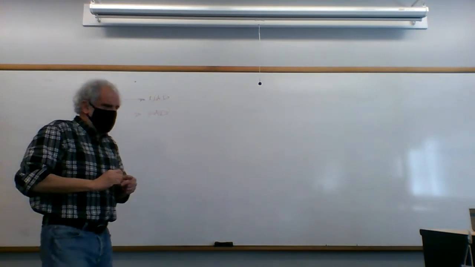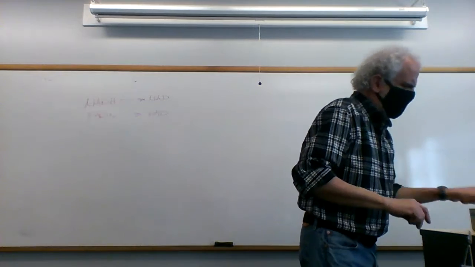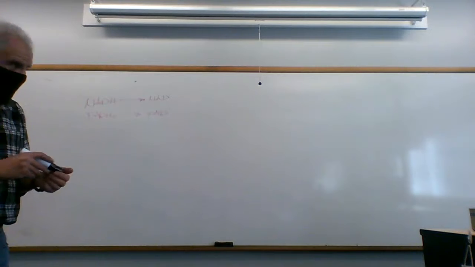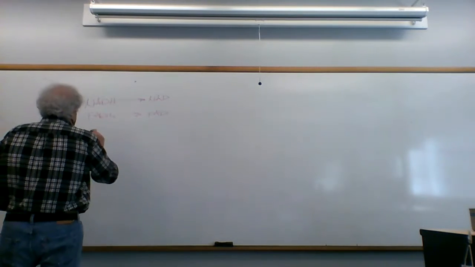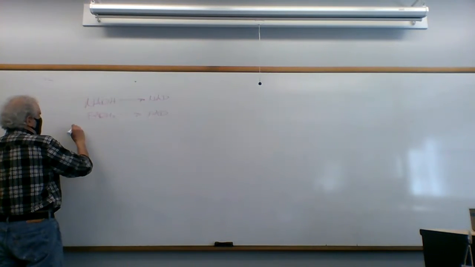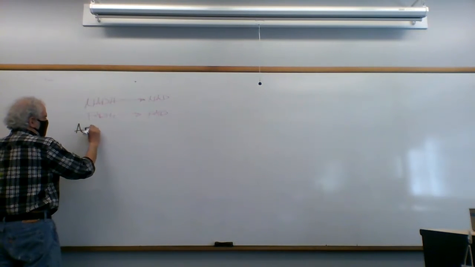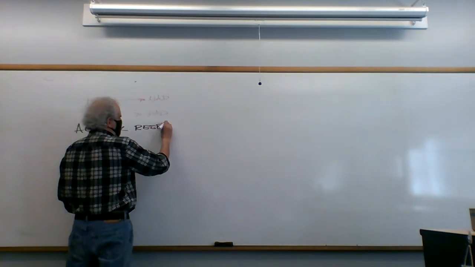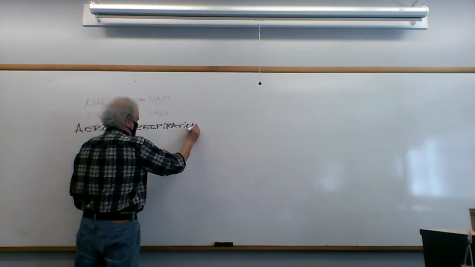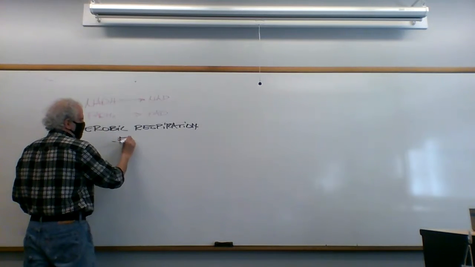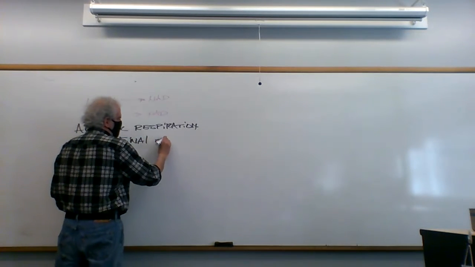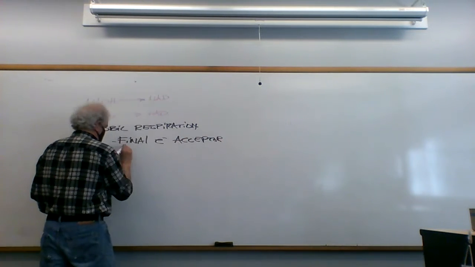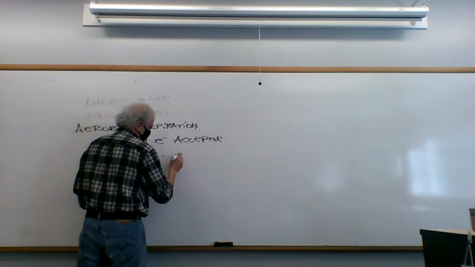And a key point here, and this is kind of branching out of basic micro, but just a general purpose point, we can talk about what we call aerobic respiration. That means that the final electron acceptor is O2.